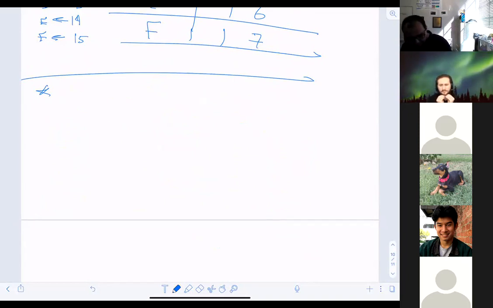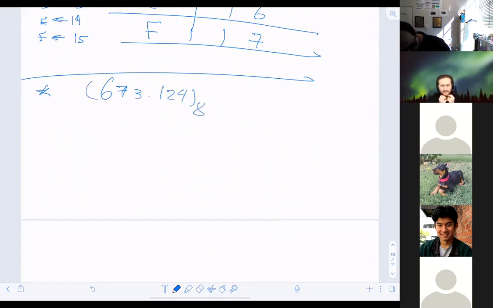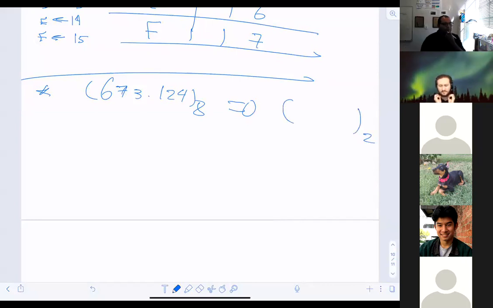If somebody tells you I have 6, 7, 3, 1, 2, 4 represented in octal, and I want it converted to binary, what am I gonna do? With respect to this log, every digit is gonna be broken up into what? 3 digits in binary, right?